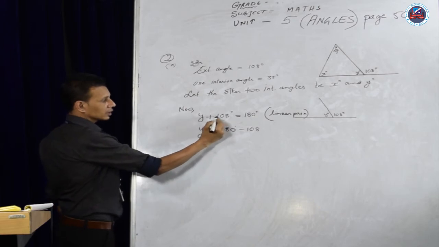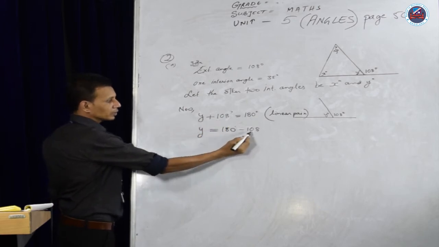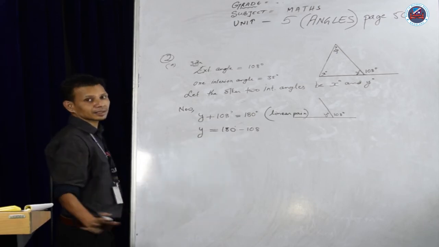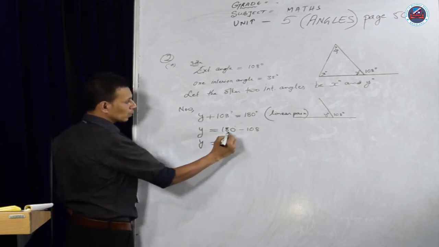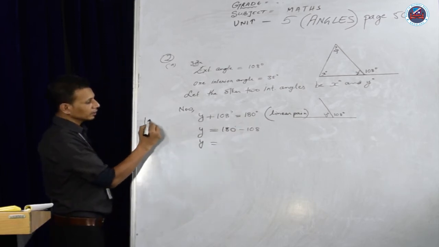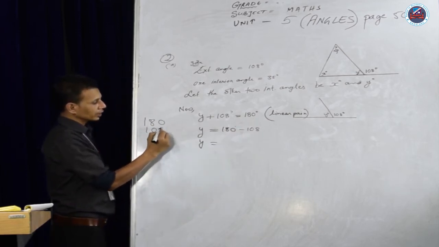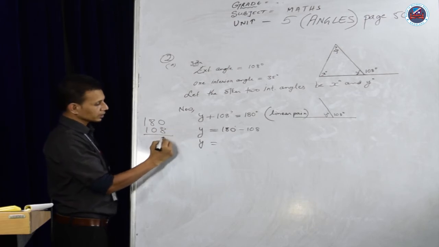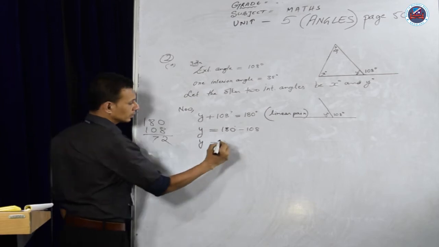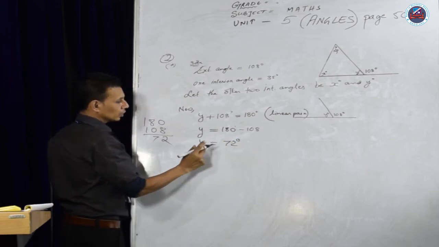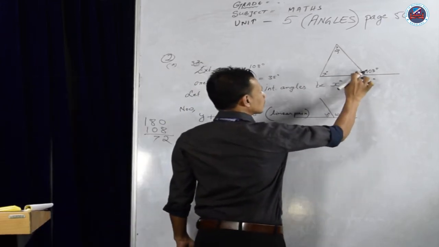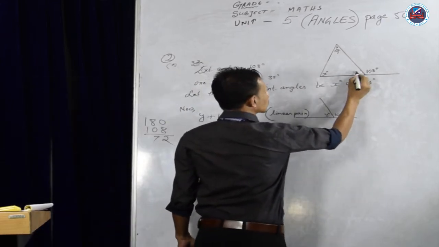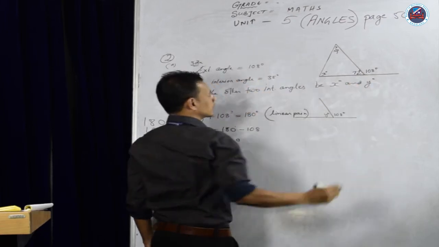So y equals 180 minus 108. Do the subtraction: 72. You see that you got y, 72 degrees.